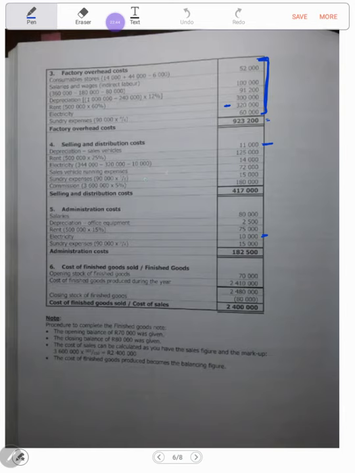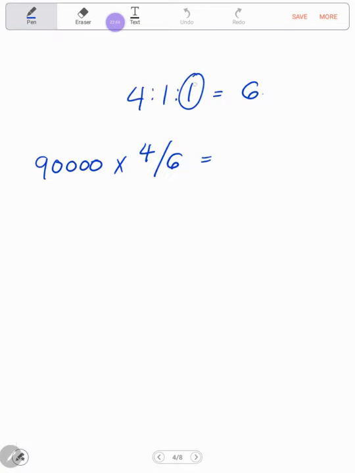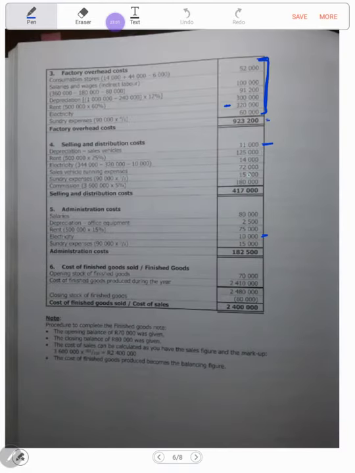Okay, that was given to us. And here's our sundry expenses again. Remember the ratio. It's now turning around: 90,000 times 1/6. And that should give us 15,000. And we'll do the very same for the admin costs. 90,000 times 1/6. The 15,000 was given. All right.